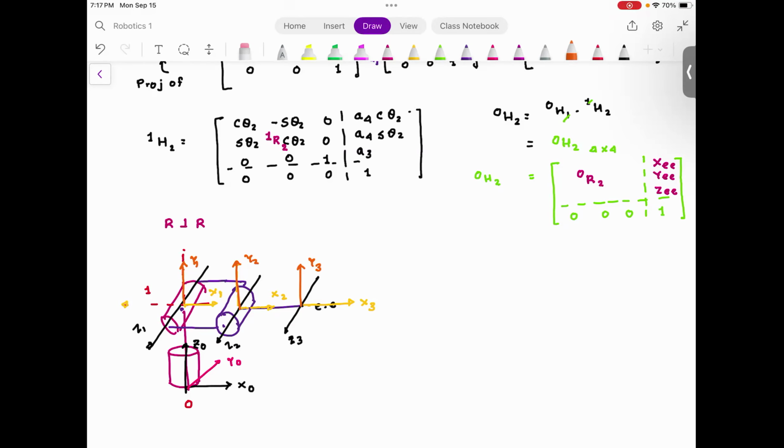Everyone understood this? The projection matrix between the first frame and second frame would be identity. The projection matrix between the second frame and third frame would be identity. But the projection matrix between the 0th frame and first frame is not going to be identity. That's the only difference. I'll stop here.